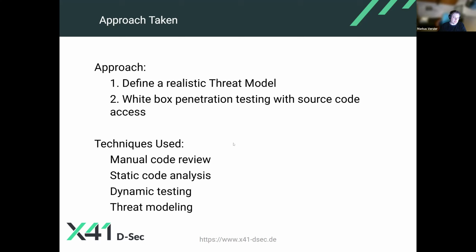But we based that on a threat model that we developed beforehand and also agreed upon with the project. And doing that, we applied a lot of manual code review, static code analysis, but also a lot of dynamic testing, and also always came back to the threat model.